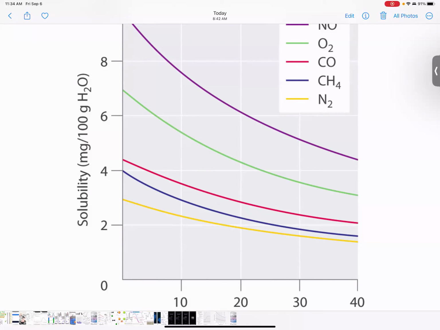This shows you the exact same thing. The x-axis is temperature in degrees Celsius. And we have a variety of gases: nitrogen gas, methane gas, carbon monoxide gas, oxygen gas, and nitrogen monoxide.